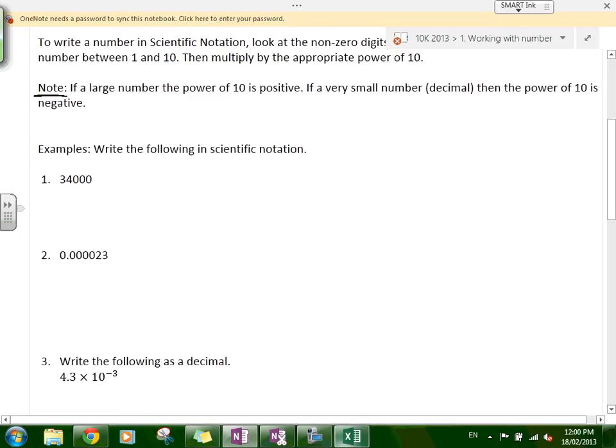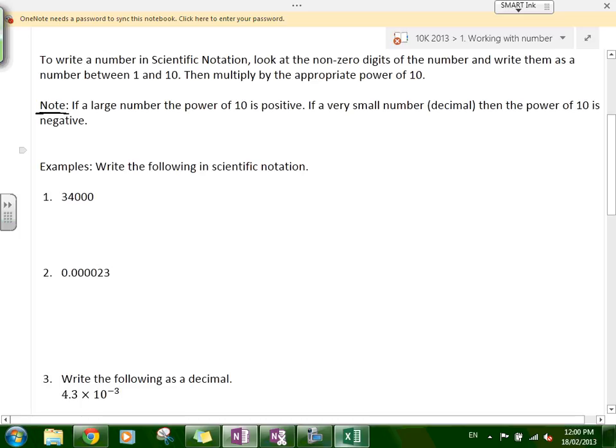Write the following in scientific notation. First step is to look at the non-zero digits. We've got this 3 and 4 here. How do I make a 3 and a 4 together between 1 and 10? You do 3.4. Alright, so I can say that's equal to 3.4. Now I have to times it by a power of 10.